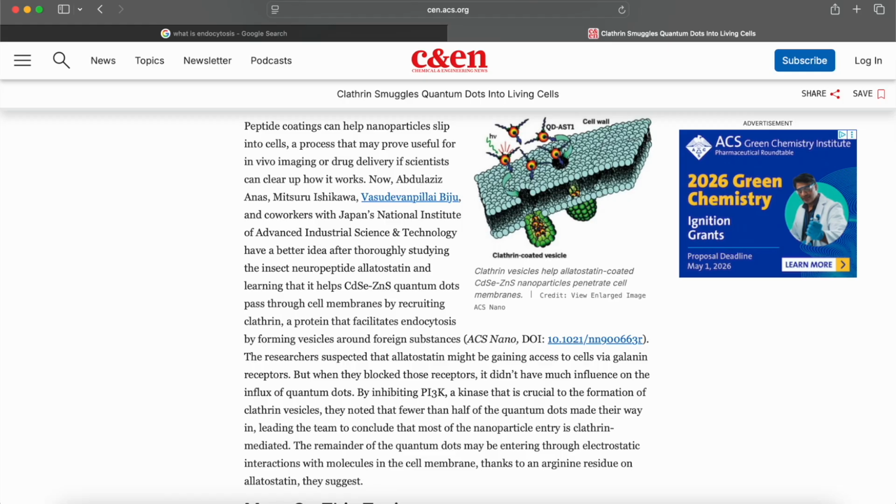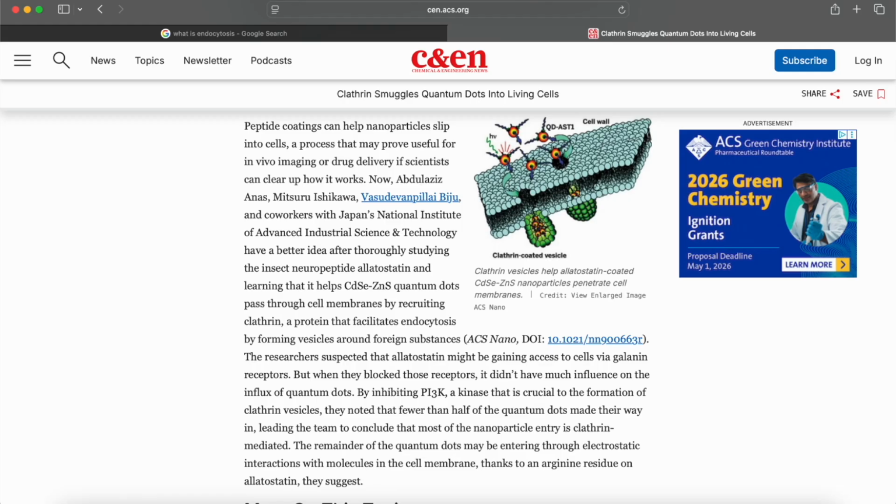By inhibiting PI3K, a kinase that is crucial to the formation of clathrin vesicles, they noted that fewer than half of the quantum dots made their way in, leading the team to conclude that most of the nanoparticle entry is clathrin-mediated. The remainder of the quantum dots may be entering through electrostatic interactions with molecules in the cell membrane, thanks to an arginine residue on allostatin, they suggest.